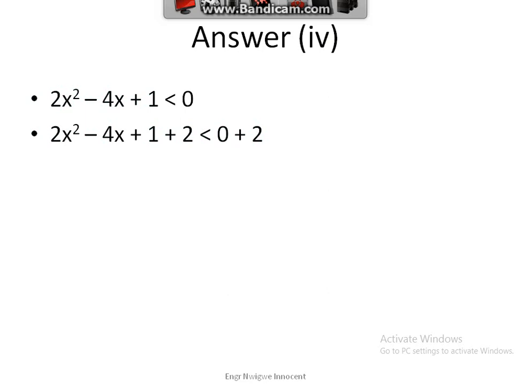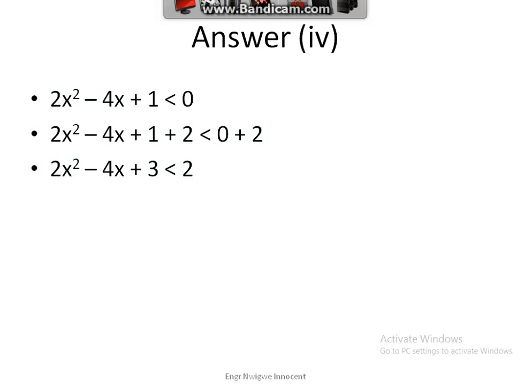Then now you now add 2 to both sides of the equation. You now have 2x squared minus 4x plus 1 plus 2 is less than 0 plus 2. Then after doing my mathematics, we now have 2x squared minus 4x plus 3 is less than 2.